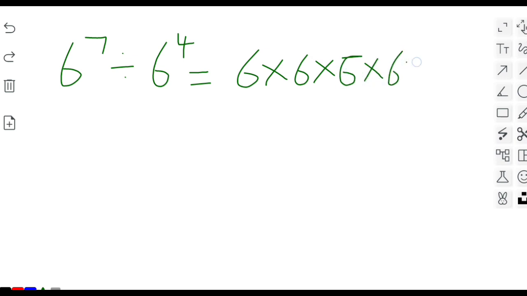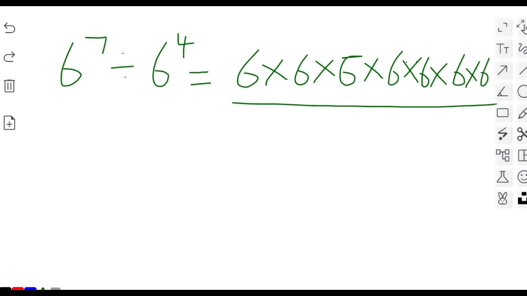This is 6 times 6 divided by 6 times 6 times 6 times 6.